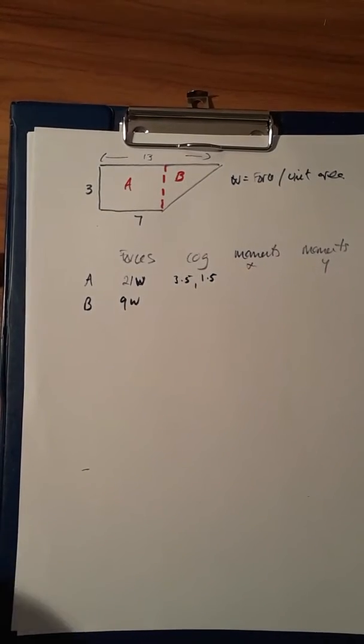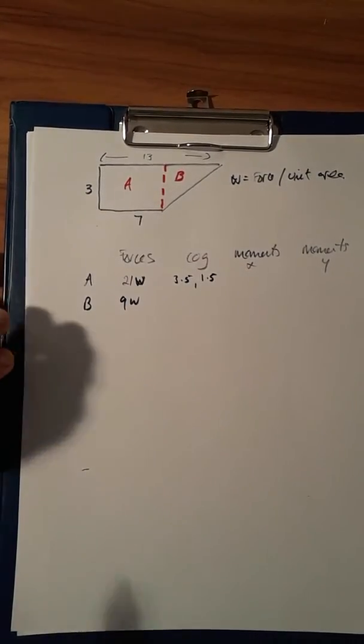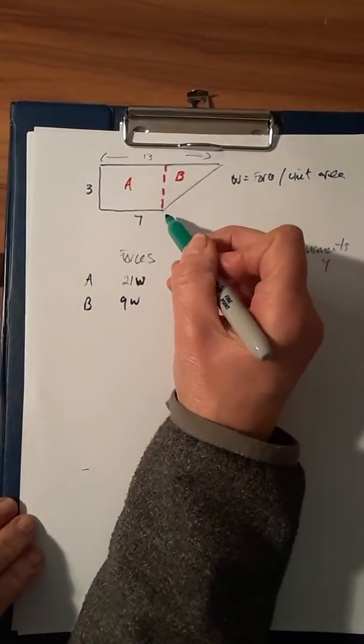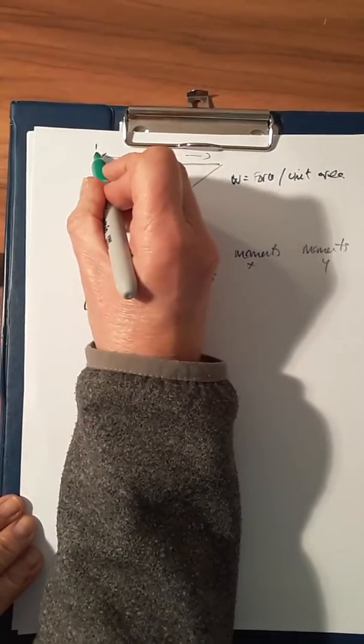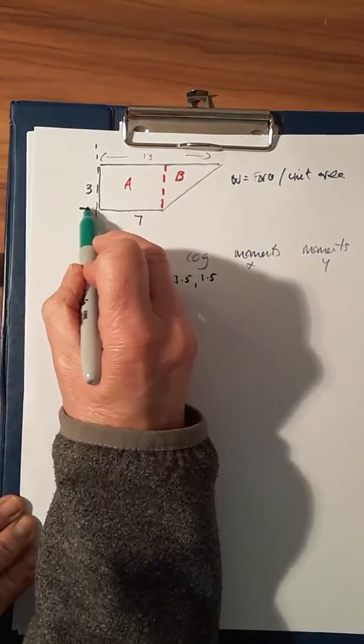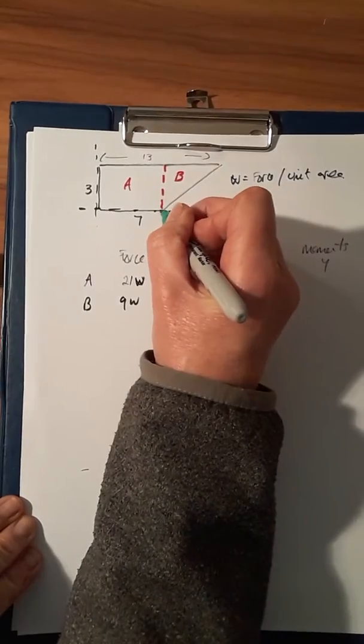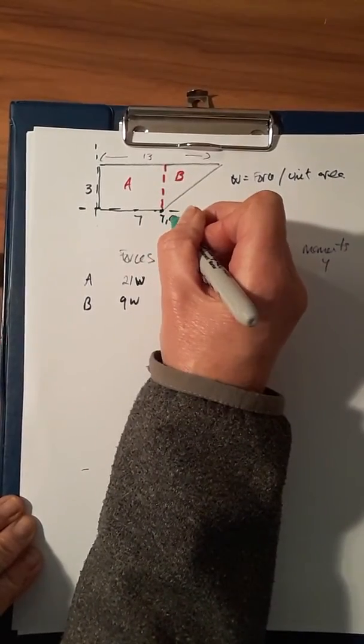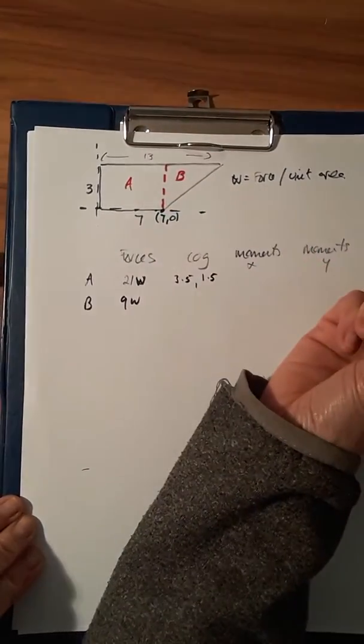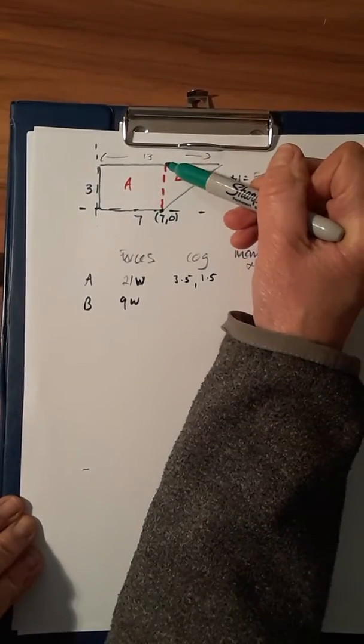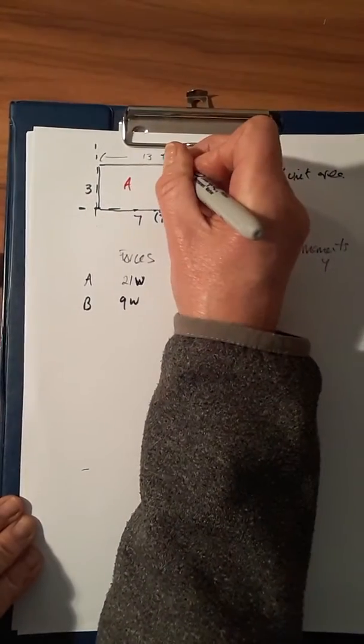Now, the centre of gravity of the triangle. I need the coordinates of the vertices. So, if I said this was the y-axis and that's the x-axis, then this point here, of course, is going to be 7, 7, this point here will be 7, 3.